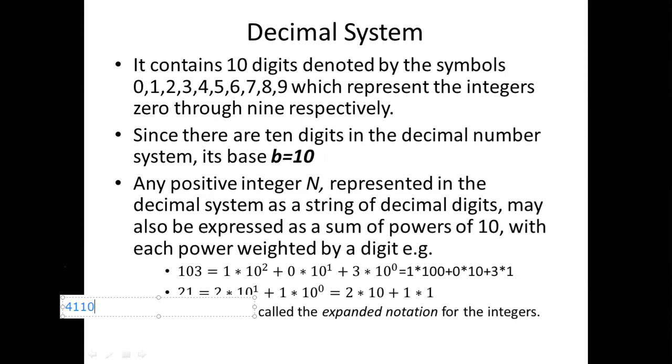If we were to express this in its expanded notation, we're going to say, how many digits do we have here? We have 1, 2, 3, 4 digits. So that means our highest power is going to be 3. So we would say this is equal to 4 times 10 to the power of 3.